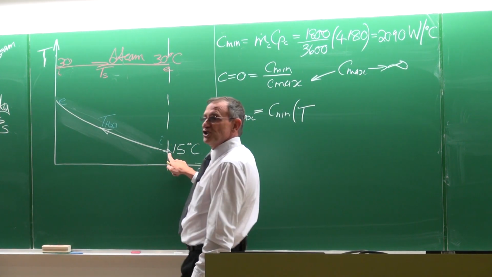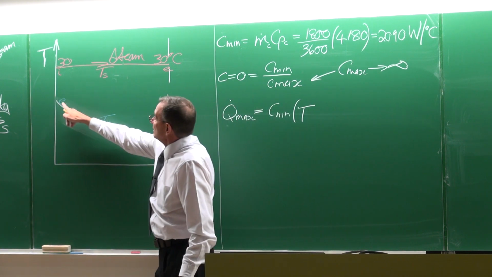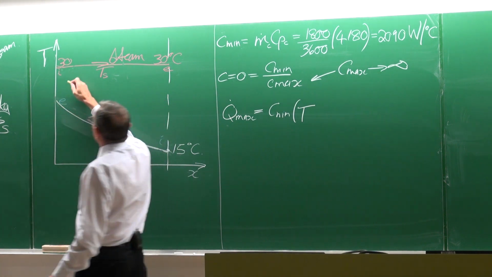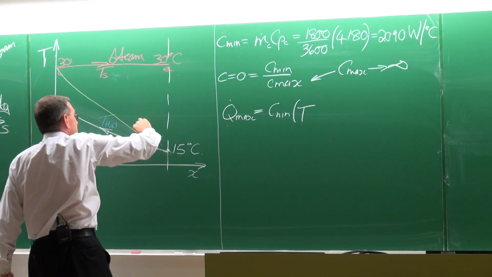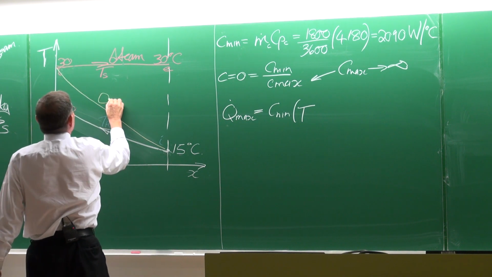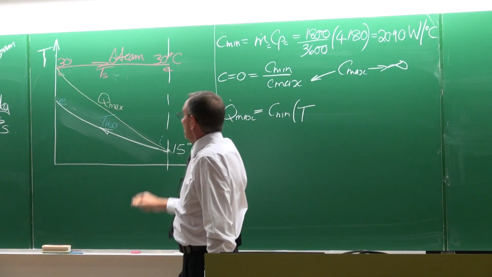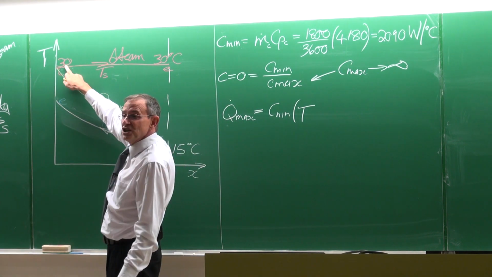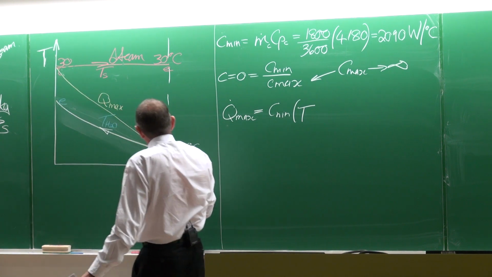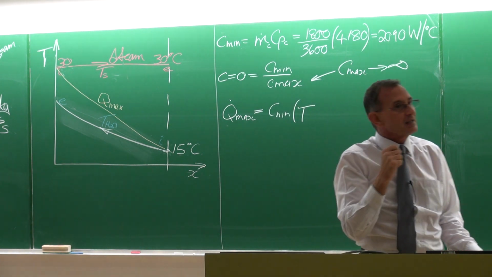If the inlet temperature is 15, the maximum will be if the outlet temperature is 30. You agree? That would give us the path for Qmax. Remember, that outlet temperature can never be more than 30. It can only change from 15 to 30. That is the best you can do.